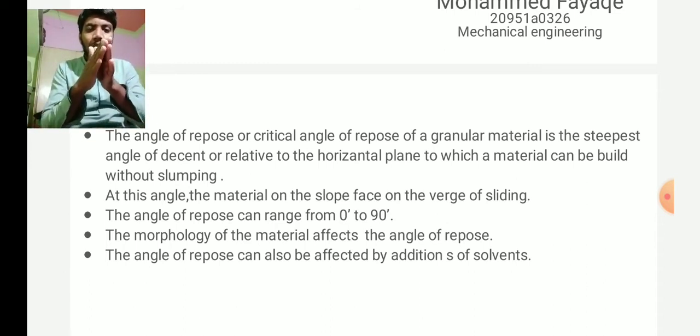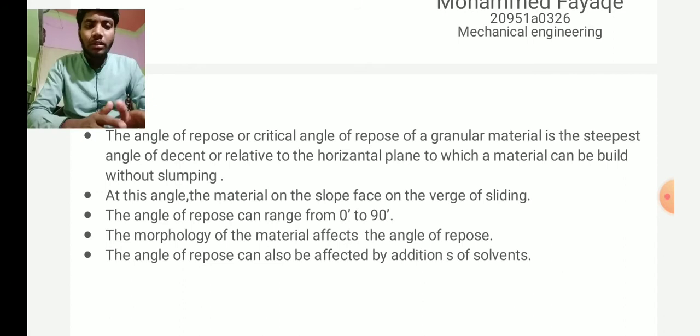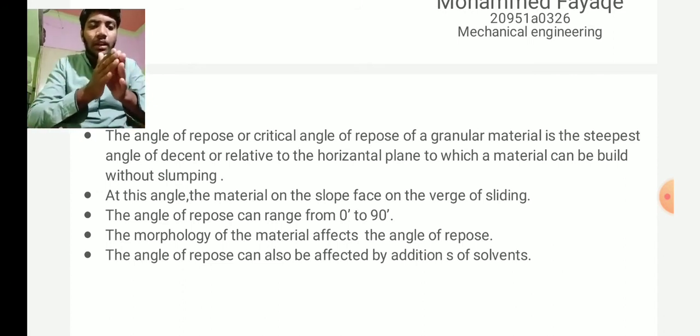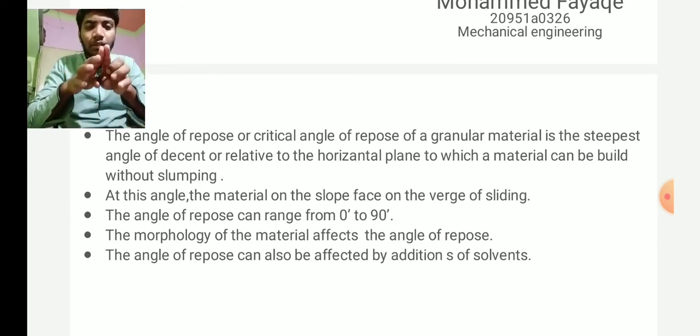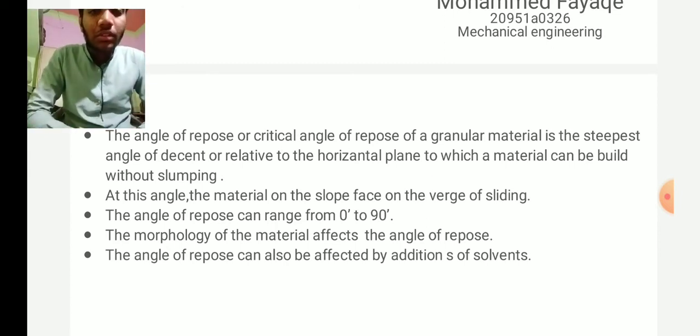So the maximum angle at which the material cannot slide, the maximum angle at which the material starts sliding, will be the steepest part. So it can range from 0 to 90 degrees.